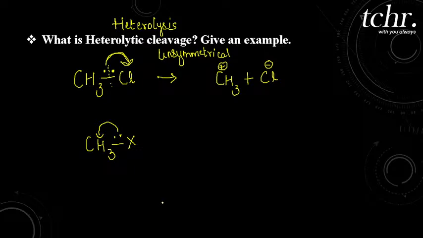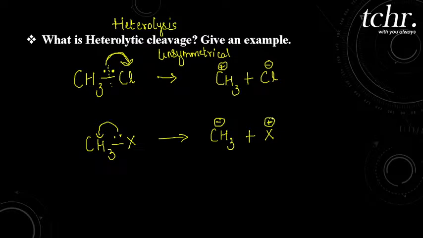Because it lost the electrons, it acquires a positive charge. In case both the electrons move towards CH3, then the CH3 group gets the negative charge, whereas the other substituent, that is X, acquires the positive charge because it lost the electron.